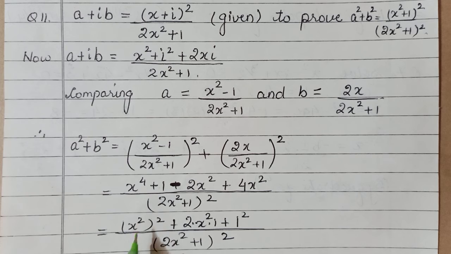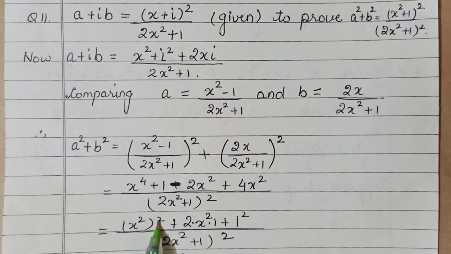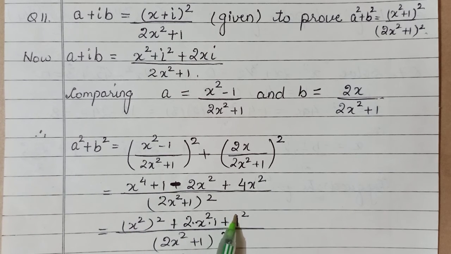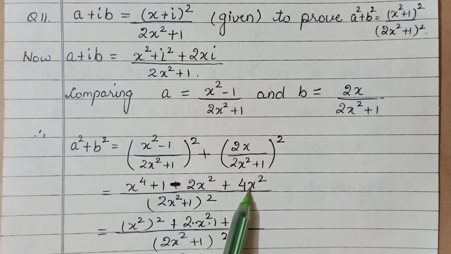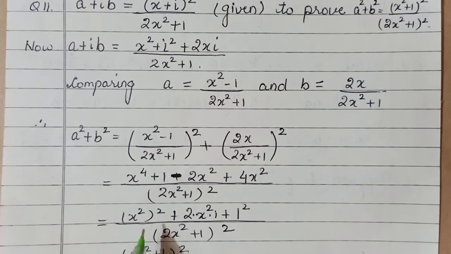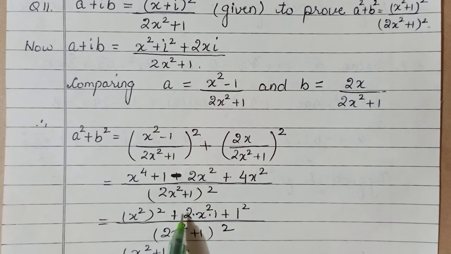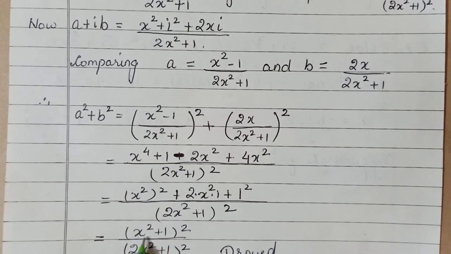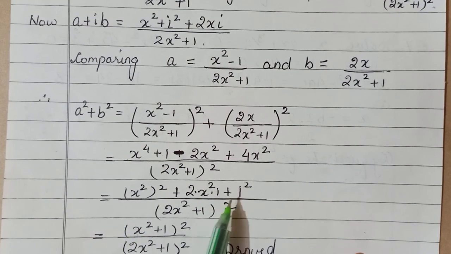Now x to the power of 4 is actually x square whole square. 1 square is 1, and these like terms: so minus 2 plus 4x square gives you plus 2x square. So now this has become an identity: a square plus 2ab plus b square means a plus b whole square, where your a was x square and b was 1.